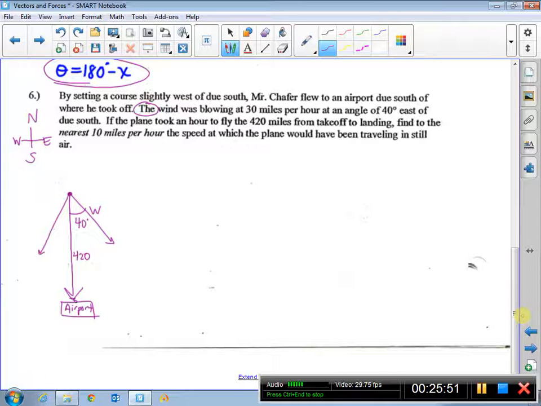Find to the nearest 10 miles per hour the speed at which the plane would have been traveling in still air. So here's the vector for the plane. We're looking for the plane's speed. We know that the actual speed turned out to be 420 miles per hour. And we know the wind, I labeled it W, but the wind was 30.